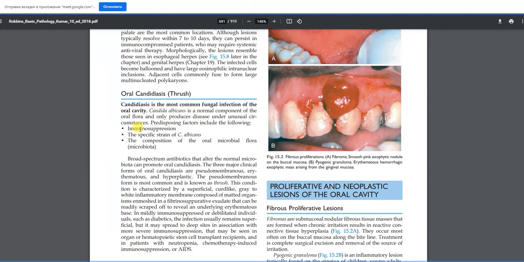Another predisposing factor, of course, is immunosuppression. That's why most HIV positive patients, when AIDS has evolved, used to have this Candida albicans, and you might have seen these pictures of AIDS patients. They always have a whitish smear around the mouth.